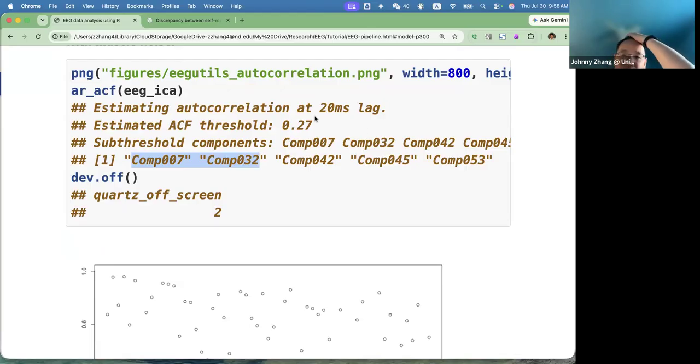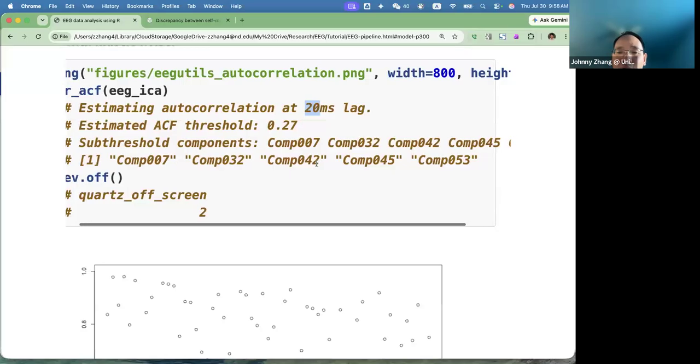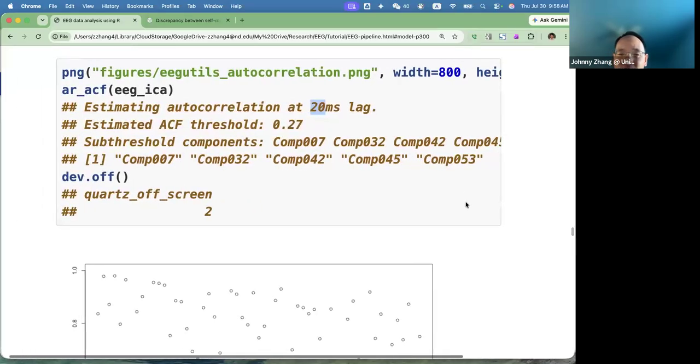They have very low autocorrelation at 20 milliseconds. So this probably means those include muscle movement information and could be potential artifacts we should remove. Okay.